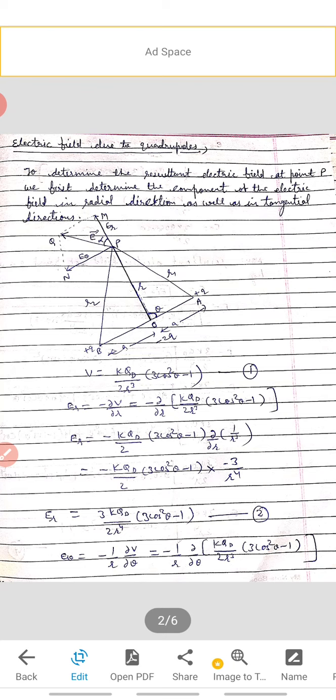Now, the tangential component of the electric field E theta is equal to minus 1 by R into del V by del theta.